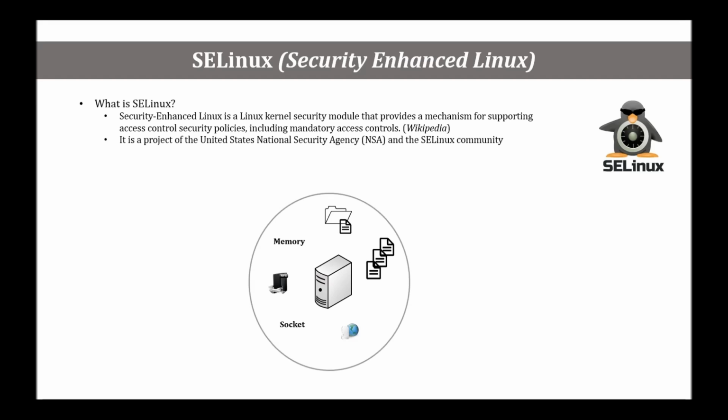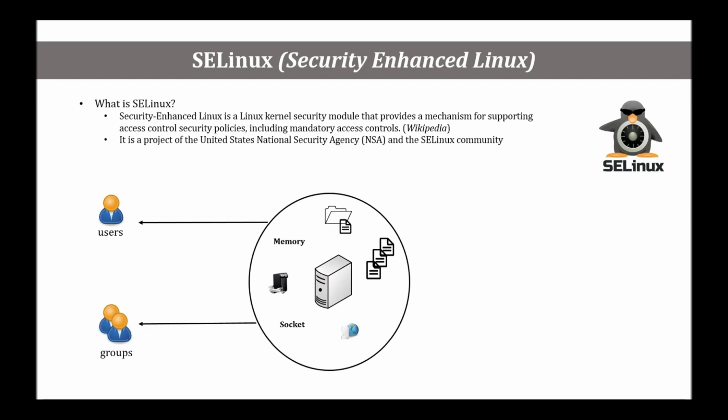All of that, as you know, is managed under the ownership of users and groups, right? We all know that. We control permissions by assigning who owns a file and which group owns it. Then there are three levels of permission: read, write, and execute. Each of them is divided among users: the first 3 bits for the user, the second 3 bits for the group, and the last 3 bits for others.